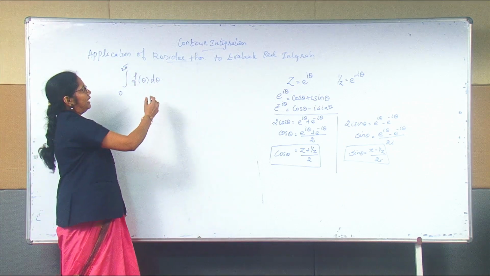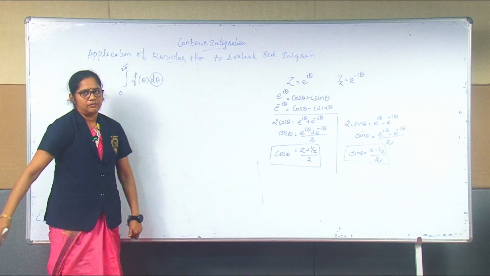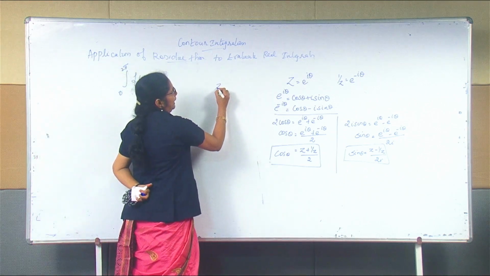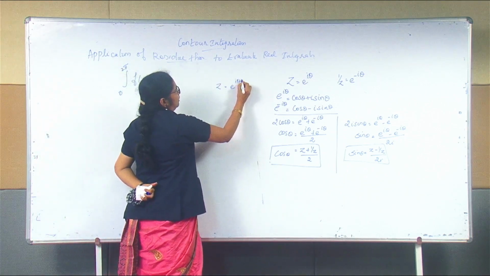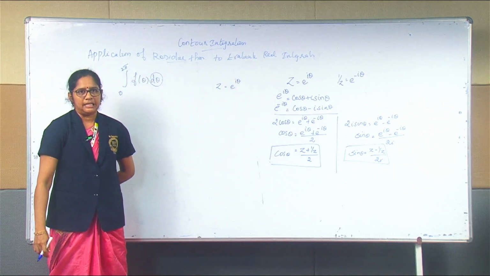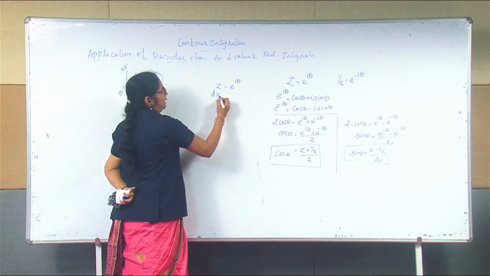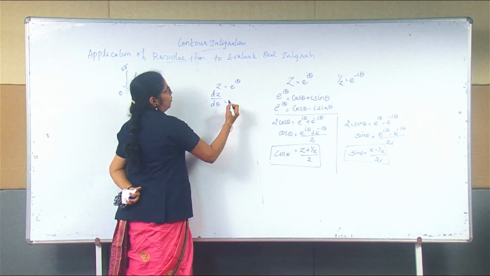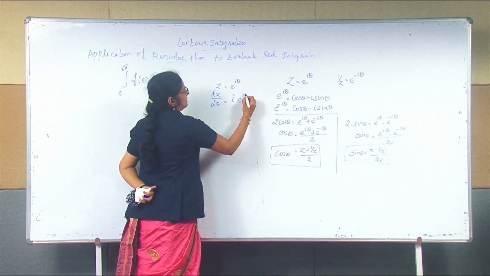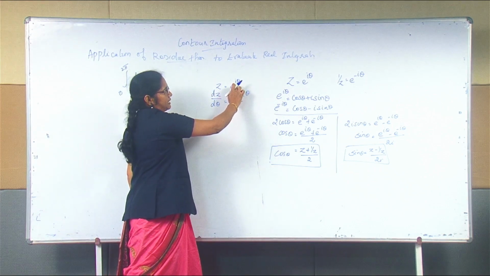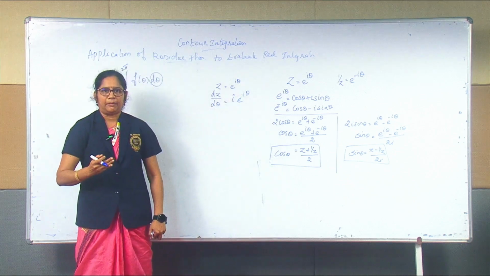Apart from that, we have d theta, that is the differentiation. How can we do that? z equals e power i theta. We differentiate this with respect to theta. So dz by d theta is equal to i times e power i theta, because the coefficient of theta is i. What is the differentiation of e power 2x?